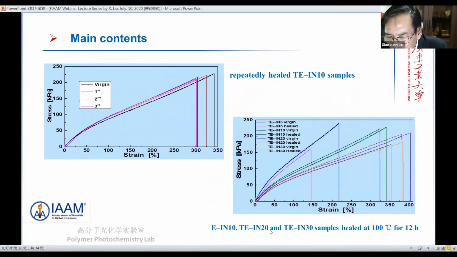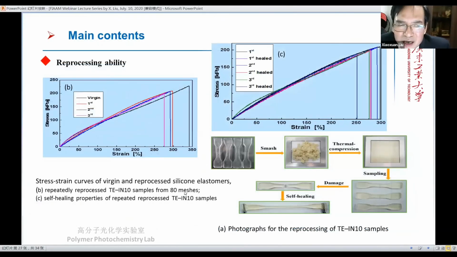Next, the paragraphs show that we have a good elastomer. This is heated at 100 degrees for 20 hours. So it's the processing.